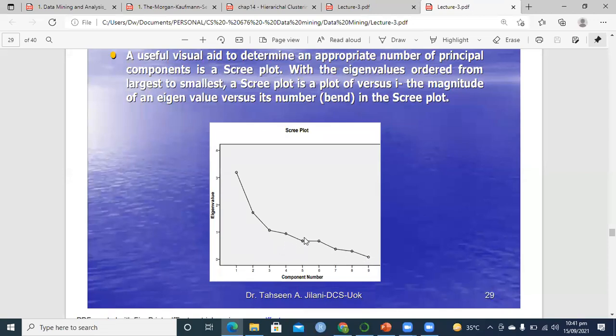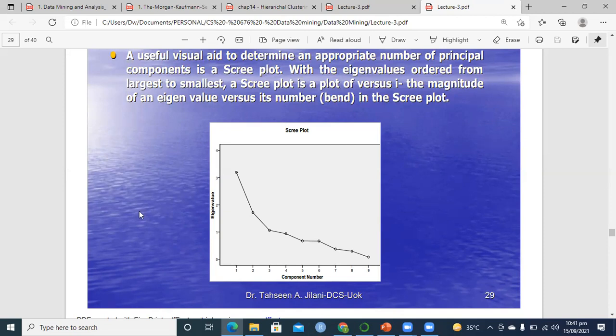You see, the rest of the eigenvalues after 4 are less than 1. After the fourth eigenvalue, the other 5 eigenvalues are less than 1. If the value is less than 1, we don't count it most of the time.